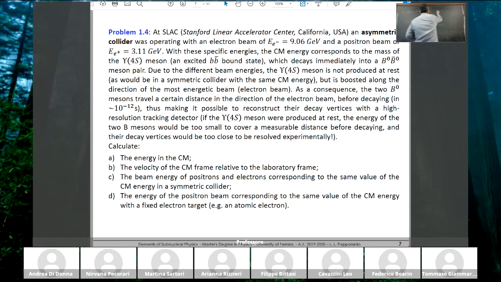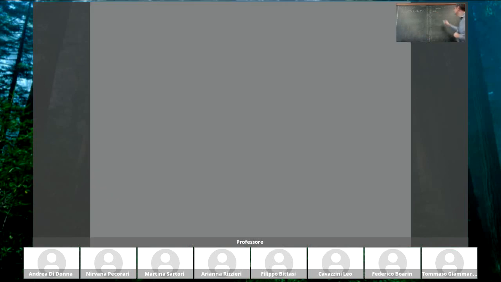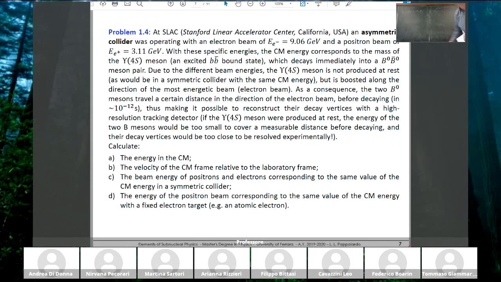Now remember again that this is not a linear collider, it's too big to collide from opposite directions. So this is given, in general, by the modulus of the momentum of the electron minus the momentum of the positron. This will be the total momentum. Suppose this is the z axis, so we can use the unit vector k to indicate the direction of the beam axis.